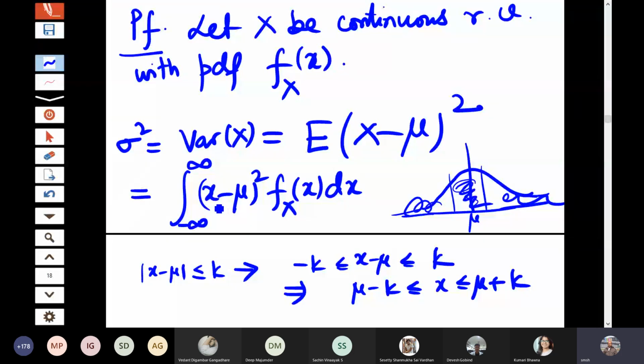So when I am looking at this integral, x minus mu square is a non-negative quantity, and density is of course non-negative. So if I consider the integral over one of these regions, either mod of x minus mu less than or equal to k or mod of x minus mu greater than or equal to k, then the value will become less, because this is over the whole region and this is a non-negative function, and I am reducing the region.